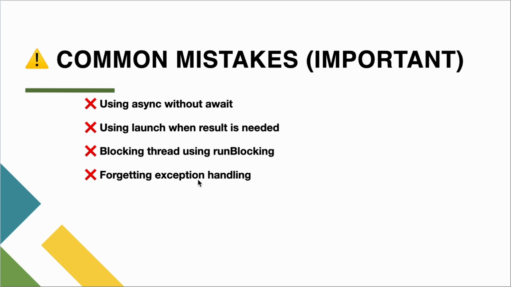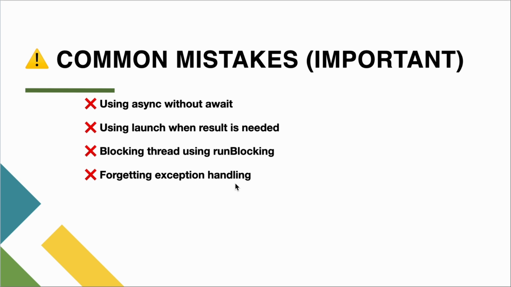Then forgetting exception handling, that is so true and so important, guys. If you are using either launch or async, you should handle the exceptions very carefully, because there are chances that any of them, or the API calls, or any kind of computation may throw an exception.